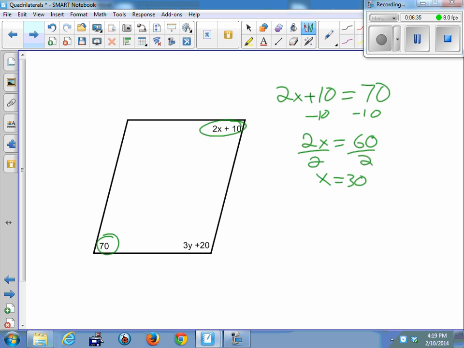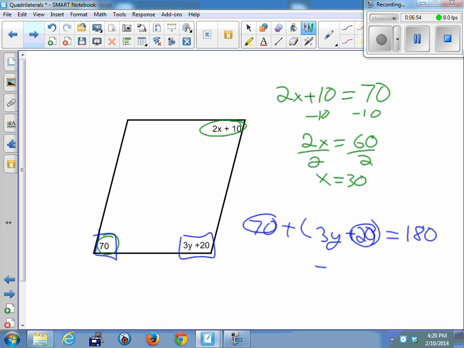So we have x equals 30. Then you can look at these either way. This angle and this angle, 70 plus 3y plus 20 equals 180. And you can solve this as well. So this plus this is 90. So if we minus 90, 3y equals 90. And this is kind of weird, y ends up being 30 as well.